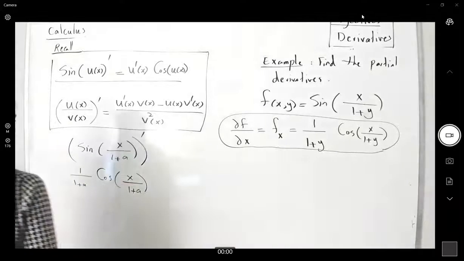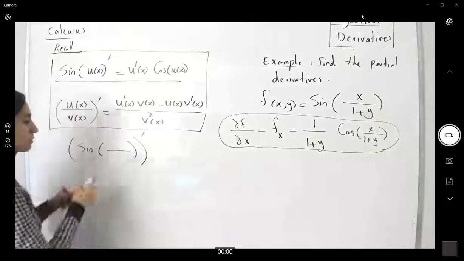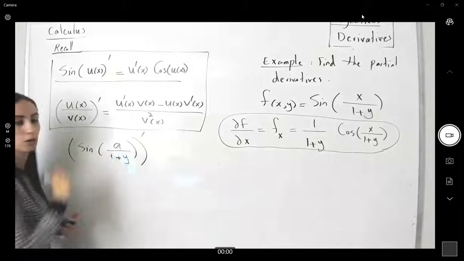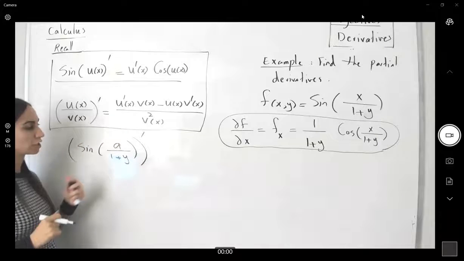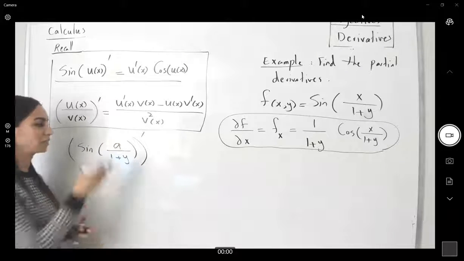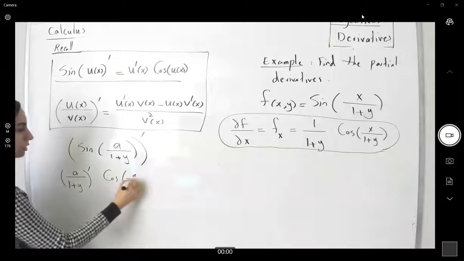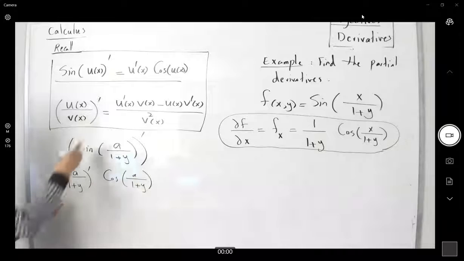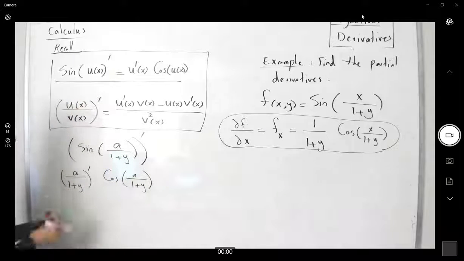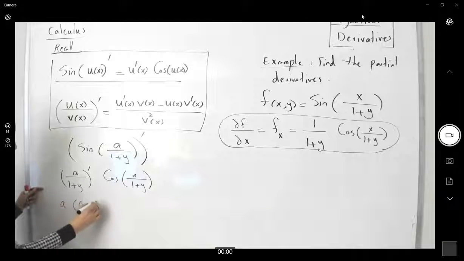So think about it this way. You are taking the derivative of sine of a number like a divided by 1 plus y. We have to take the derivative of a divided by 1 plus y and multiply that by cosine of a divided by 1 plus y. And how do we take the derivative here? You can apply the quotient rule, or you can say that this is just a number. I can write this number in front of 1 plus y to the power negative 1.